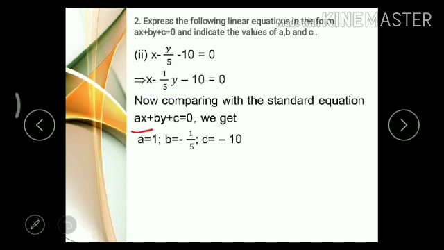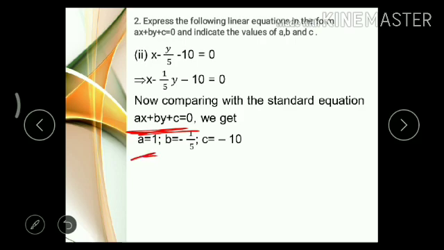Here it is x, and there should be a number multiplied with it, as you can see in ax. So x is multiplied with 1, and 1x also gives you x only. So after comparing, the value of a will be 1.